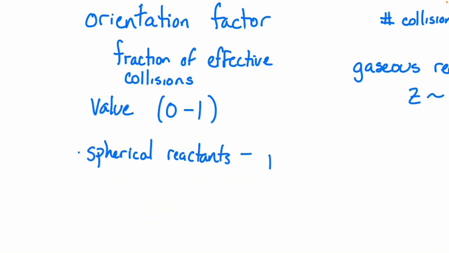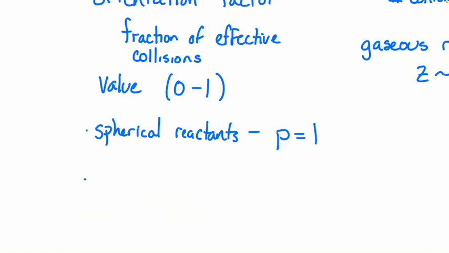So this would have an orientation factor of 1, or a very large orientation factor. Okay? And generally speaking, the larger and more complicated a molecule is, the smaller and smaller that orientation factor becomes. So for very small spherical reactants, P is 1.